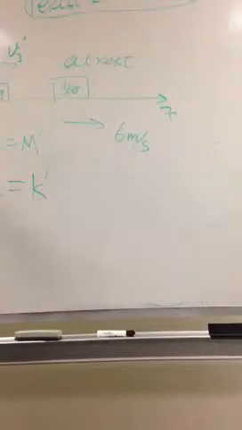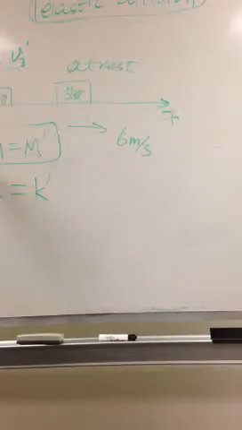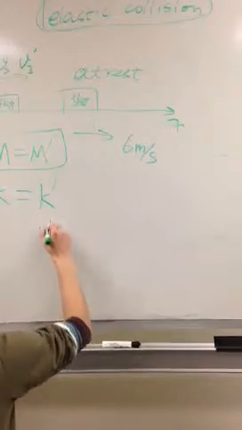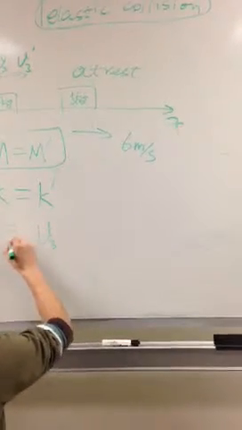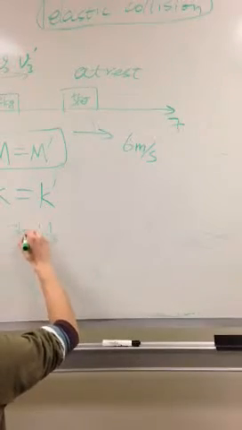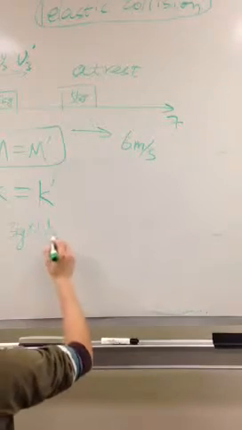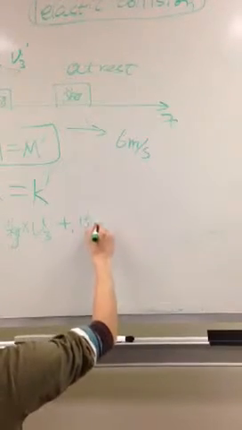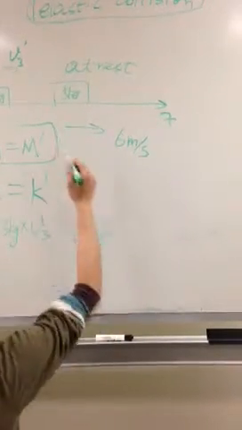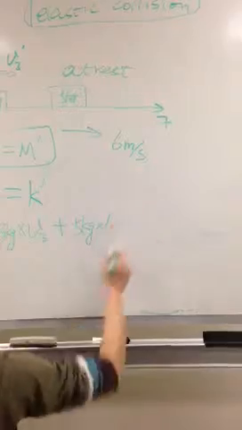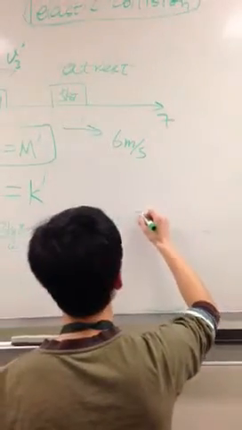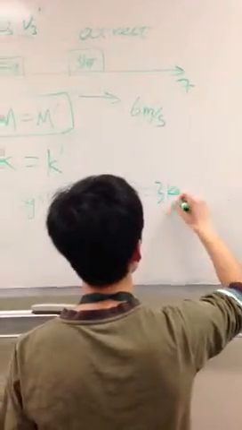Okay, so from the first one, what we can get is the 3 kilogram times the initial velocity plus 5 kilogram times 0, since initially it was at rest, is equal to the momentum after the collision.